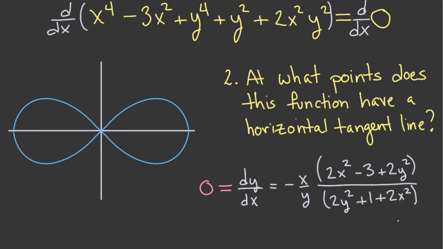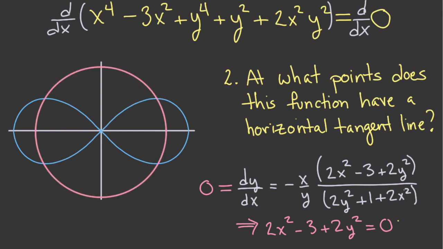That means that the only possibility for dy dx to be equal to 0 is when 2x squared minus 3 plus 2y squared is equal to 0. This is exactly describing a circle of radius the square root of 3/2. If I draw this circle on top of my curve, then these points where the circle and the lemniscate intersect are exactly the points I'm trying to identify.